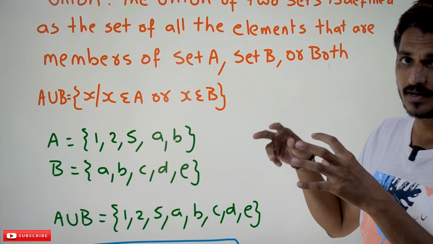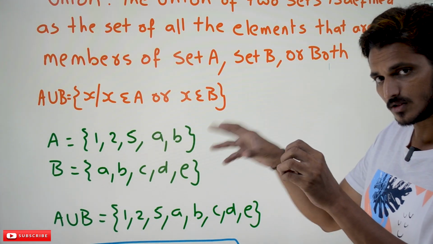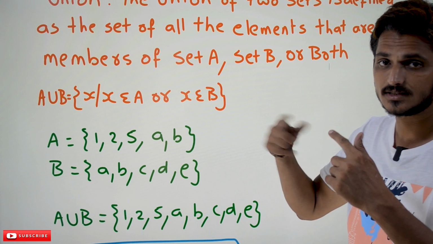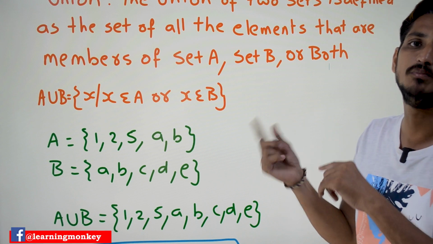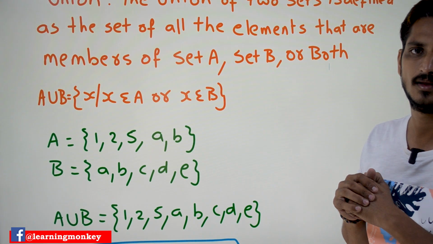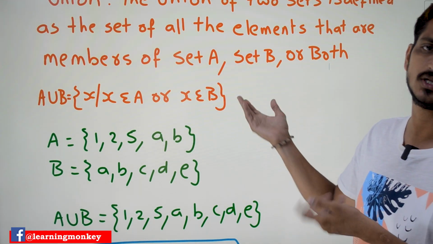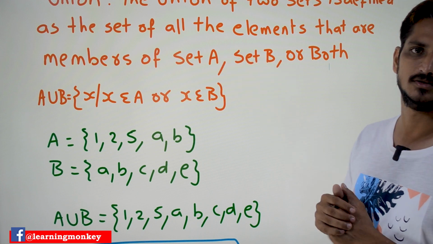Any element should belong to A or B or both. Those elements we consider as set A union B, meaning all the elements present in A and B. That is what union means.